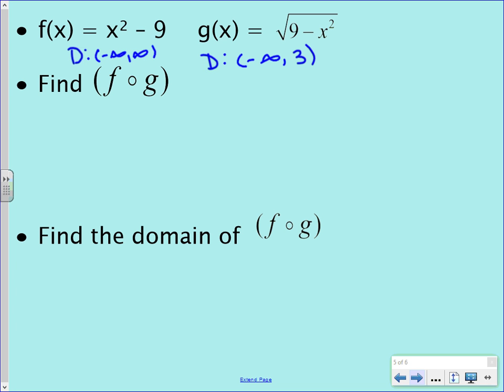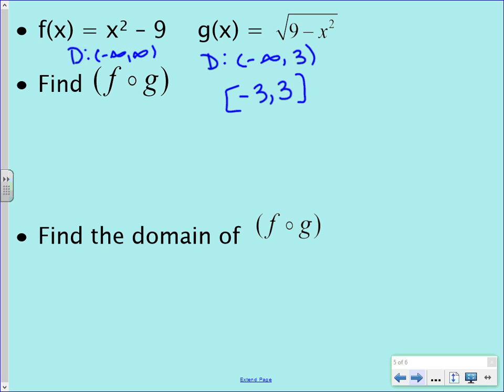Okay. Michael, what was your idea? In between -3 and 3. Brackets or parentheses? I think brackets. He thinks brackets. Okay. Josh, are you changing your mind? It can't be negative. Why not? Because negative 3 squared would make 9, and 9 minus 9 is 0.